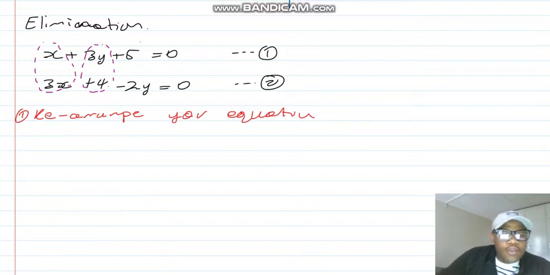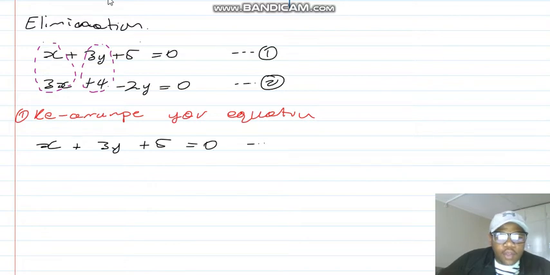You want to rearrange so that it goes x, y, and a number, what we call a constant, right?